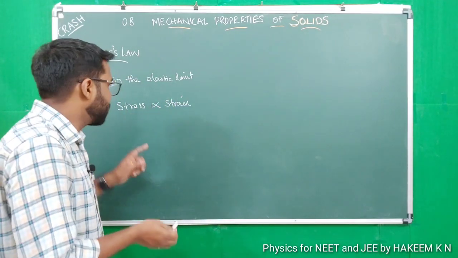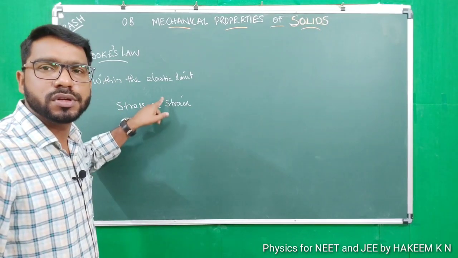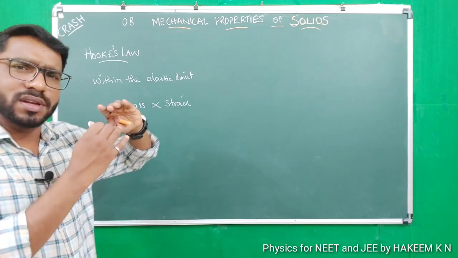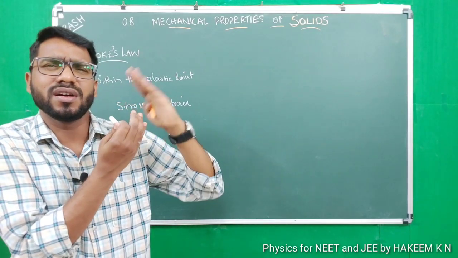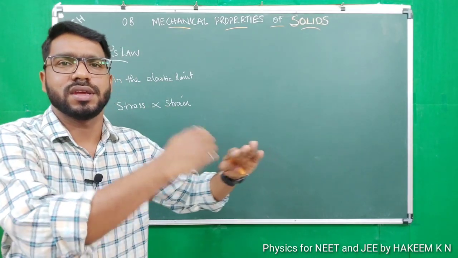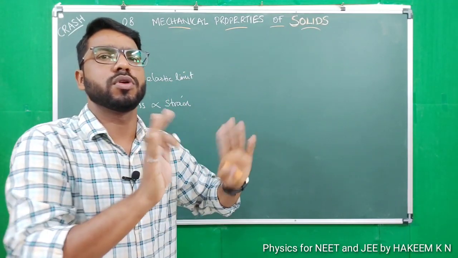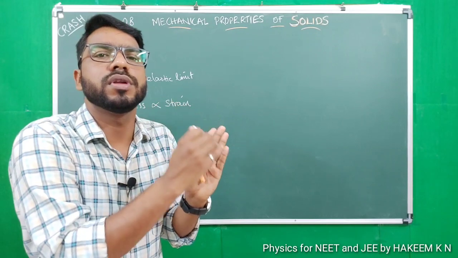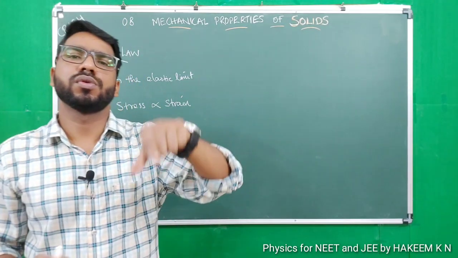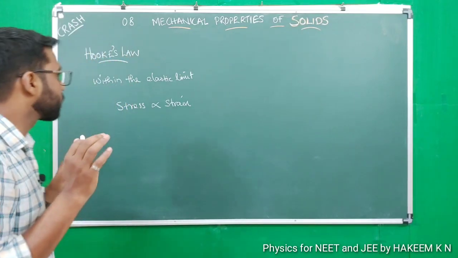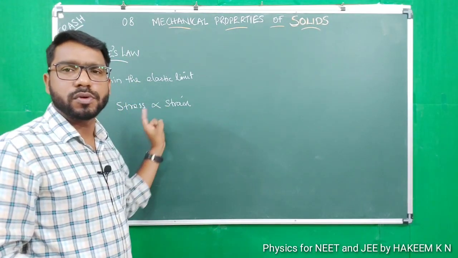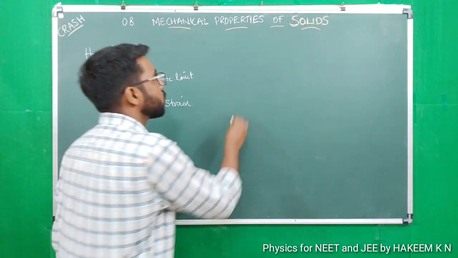Elastic limit is the last limit of the body which shows elasticity. Above the elastic limit, the body will show plasticity, that means the body will not come to its original condition. So within the elastic limit, stress is proportional to strain according to Hooke's law.